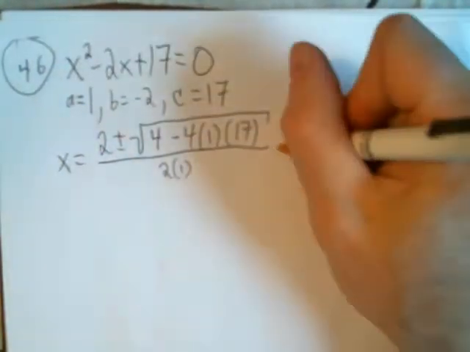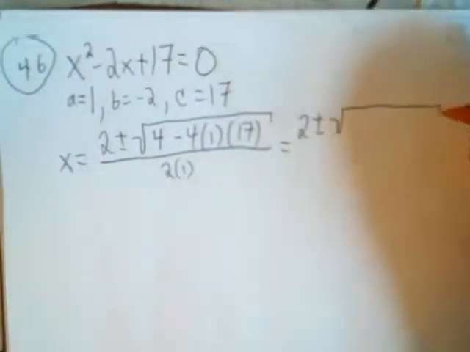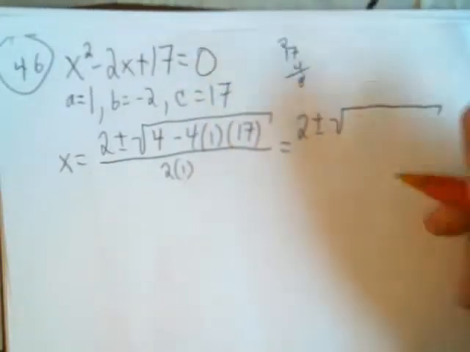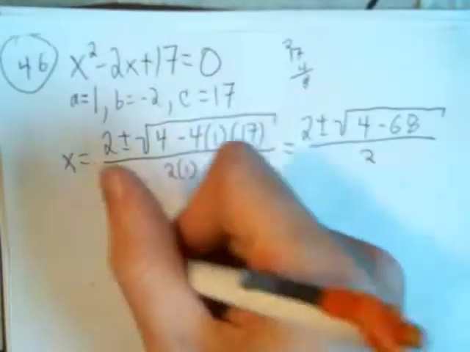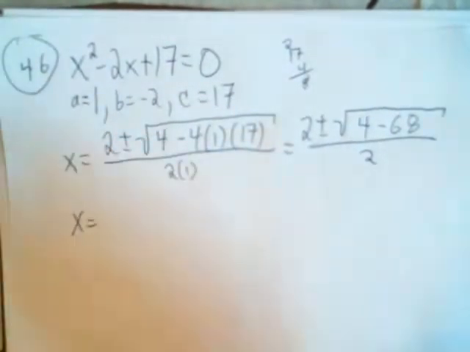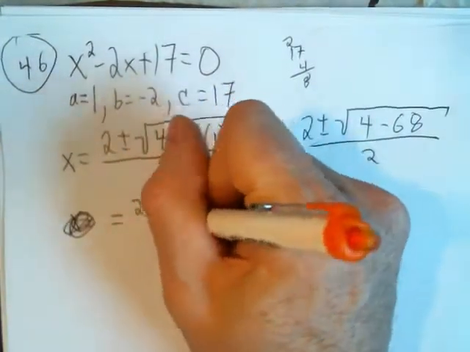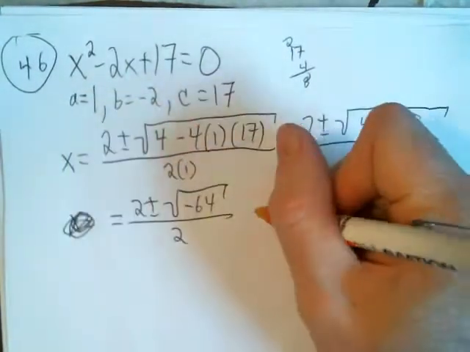Let's simplify it. So I'll have 2 plus or minus square root of, what's 17 times 4? 68. 4 minus 68, all over 2 times 1 is 2. So x equals, 2 plus or minus square root negative 64 all over 2.